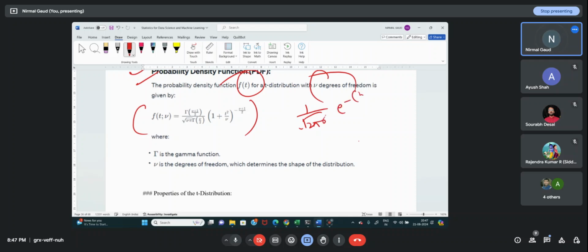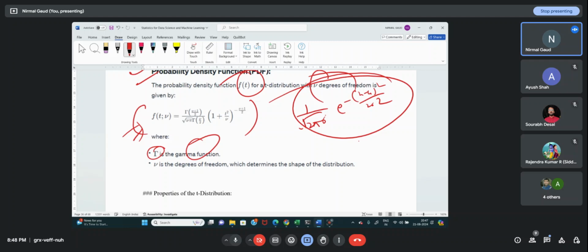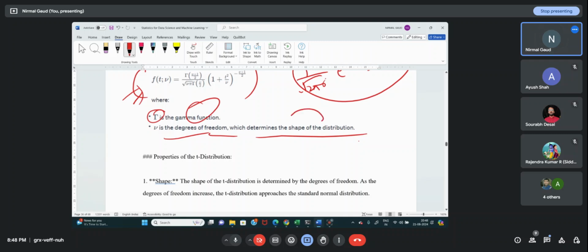We remember that formula, it's very easy to remember. But remembering this function for student t is tough because we have included the gamma function here. And we are having degree of freedom also, which determines the shape of the distribution.